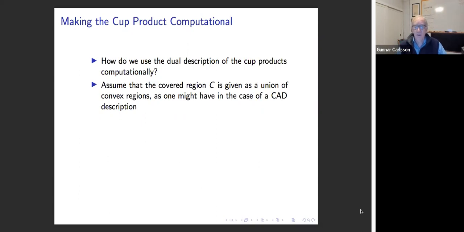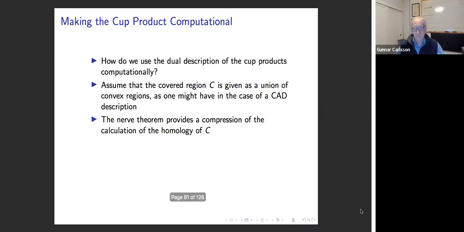And so what we're going to assume is that the covered region is given as a union of convex regions, as one might have in the case of a computer-aided design description. So we think of that as a small number of convex sets.